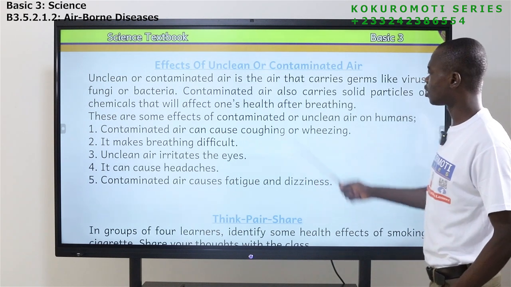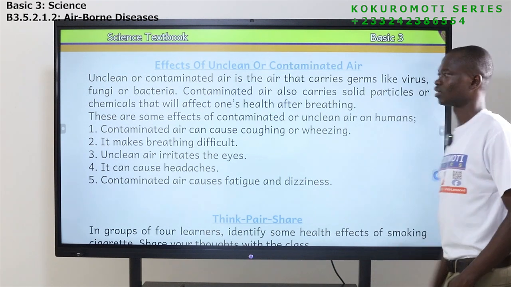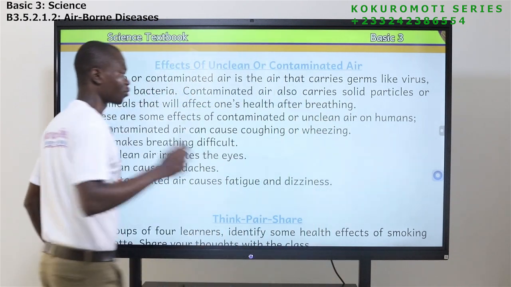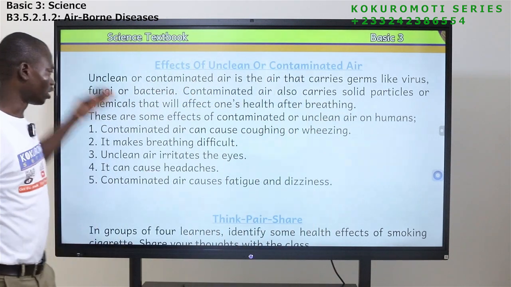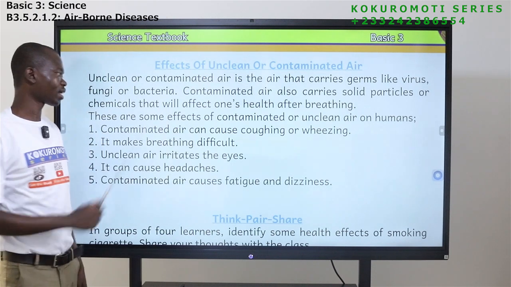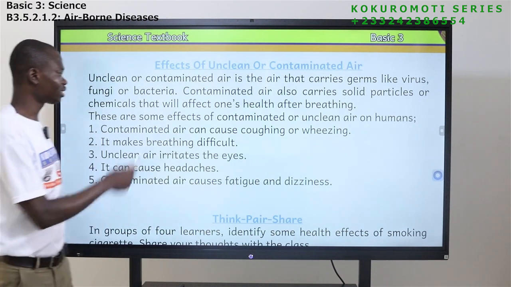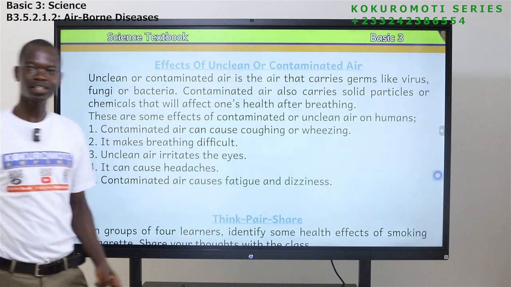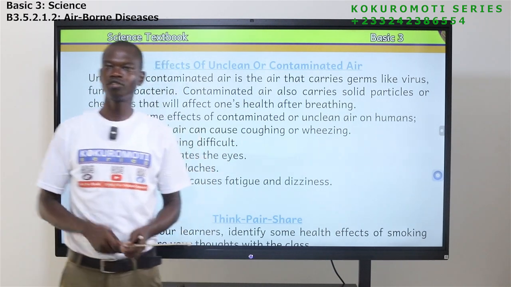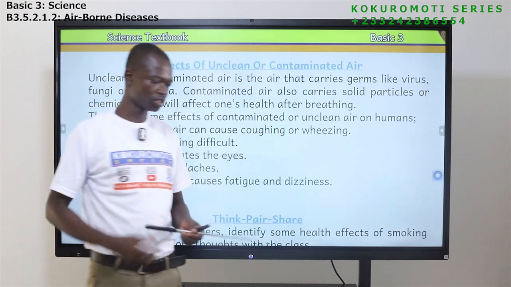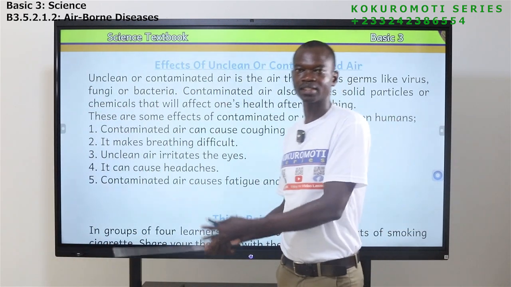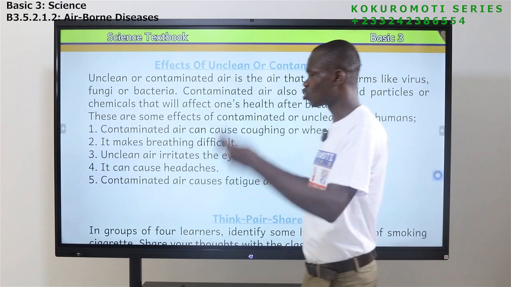Those of you who have been coughing or wheezing all the time, it could be that you breathe in contaminated air. It makes breathing difficult. If you go to places where there's too much smoke, you find it difficult to breathe. A smoky environment is also contaminated because of the smoke in the air.